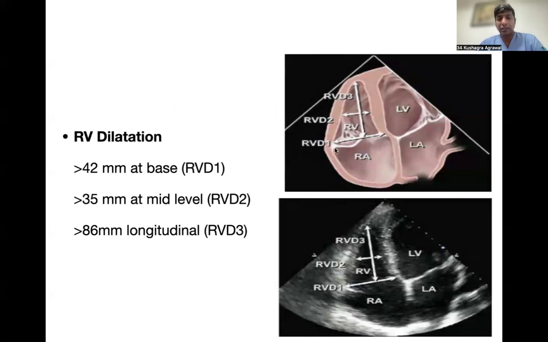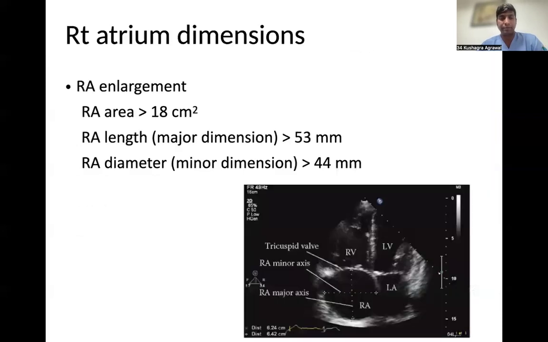Just below the tricuspid valve, the size should be less than 42 mm. In the mid segment, size should be less than 35 mm. And when we measure longitudinally from the apex to the wall, its length should not be more than 86 mm. If size is larger than this, it shows dilatation of the right ventricle chamber.